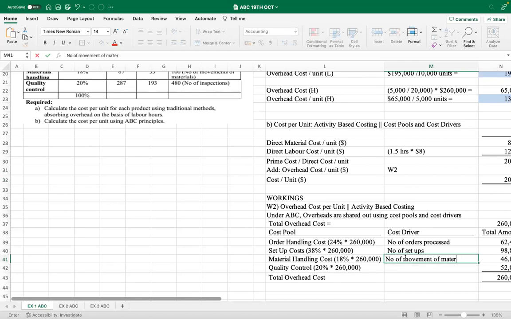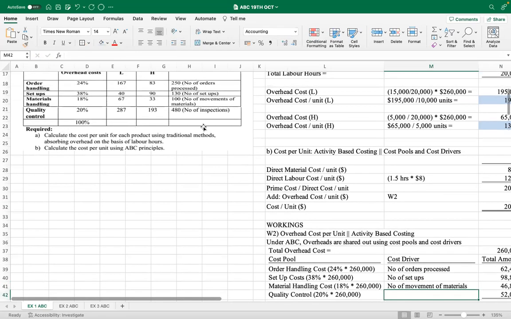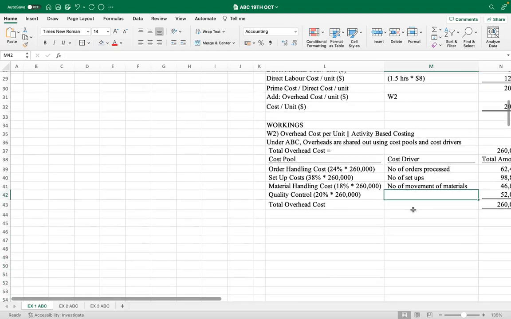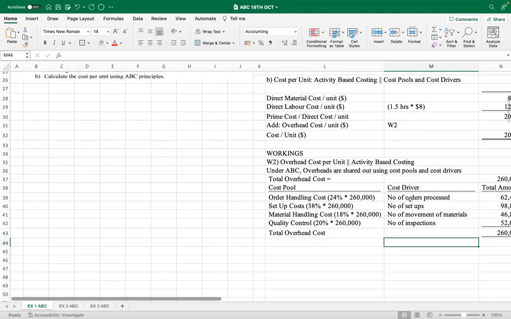The last one, quality control, is number of inspections. Now you are given the number of orders in each case, and number of setups.